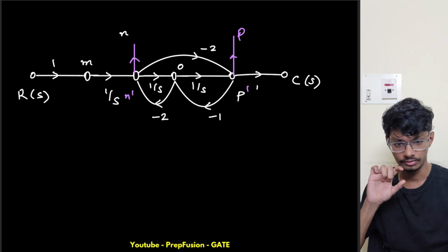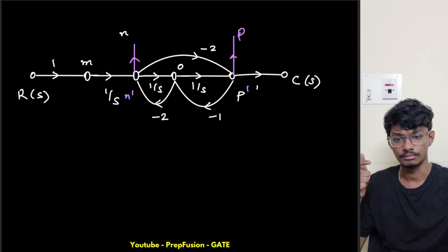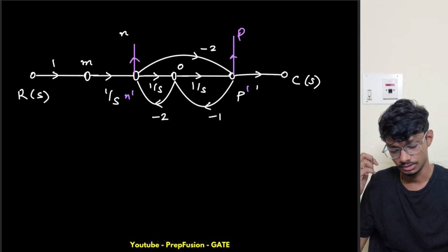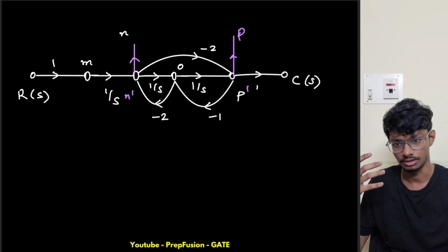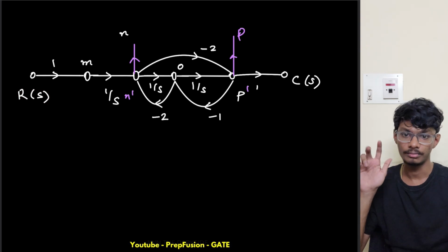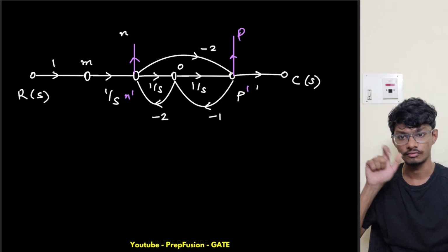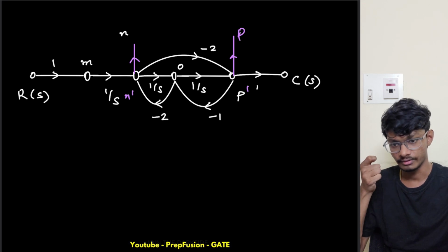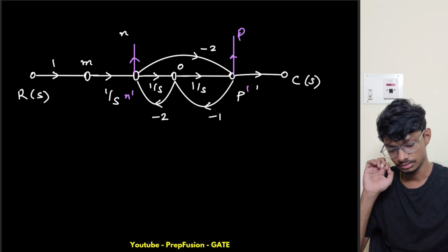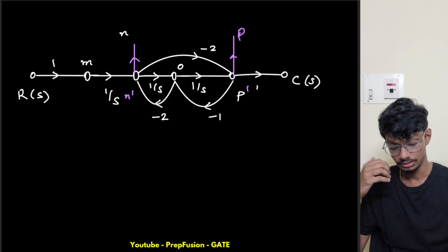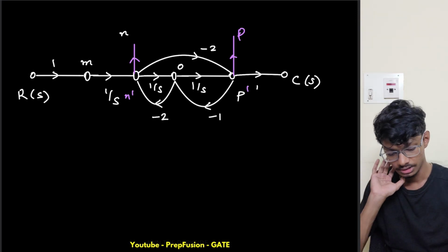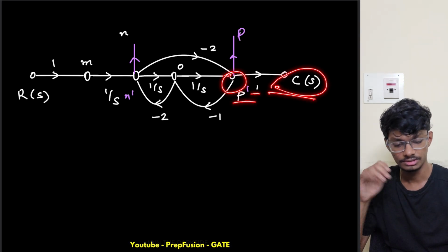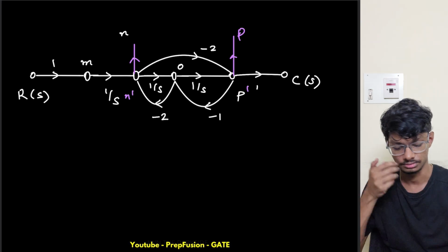Then what I will do is simply find the whole transfer function C(s) upon this R(s). Then I will multiply those two, and I will find the ratio of N dash upon R(s). Okay, so if I do that, then I will be able to find basically the ratio. Basically what I can say is P is equal to C only, because P dash times C is like this C only.